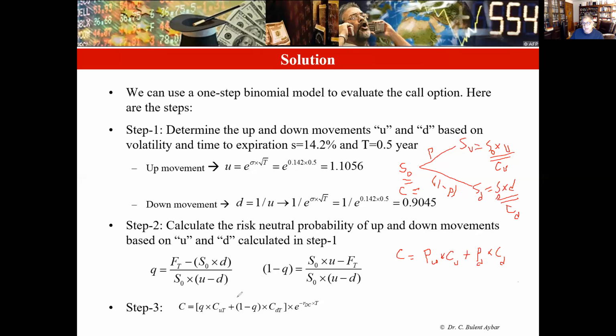So the next step in valuing the option is to calculate Q and 1 minus Q. These are given as (FD minus SD) divided by (SU minus SD), and (SU minus FD) divided by (SU minus SD).